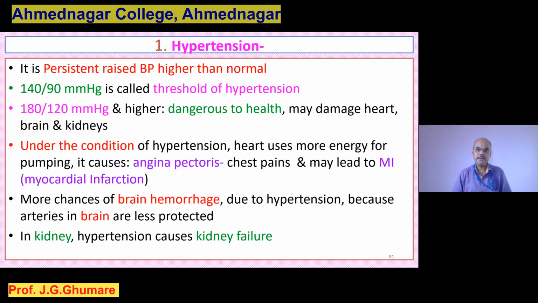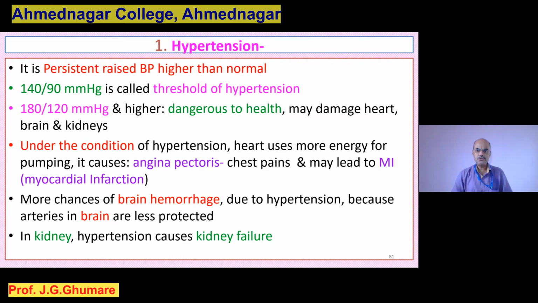We say 120 by 80 mmHg is normal, and if it is 140 by 90 mmHg or more, this is called the threshold, a limit that we talked about. And if it is more than 140 by 90 mmHg, this is called hypertension, or high blood pressure. Now we'll have an extreme limit of 180 by 120 mmHg and higher.